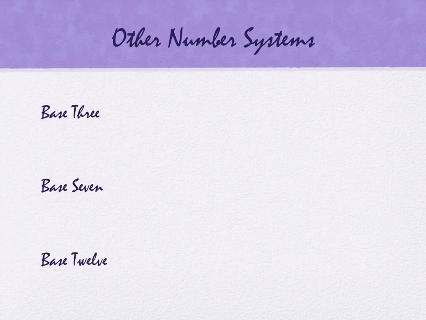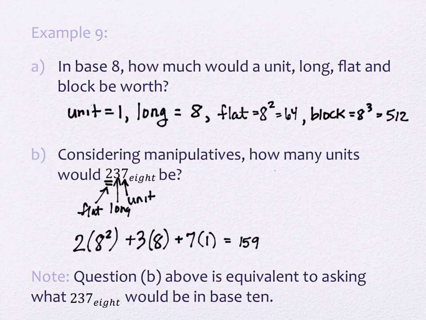For instance, base 3 has the number 0, that's fine, and the numbers 1 and 2, but there is no 3 in base 3. Once I have 3 of the units all stuck together, it creates a long. Think about your image. I get a 2-digit number. It moves over into the location where the 3 packs of 8 crayons were.